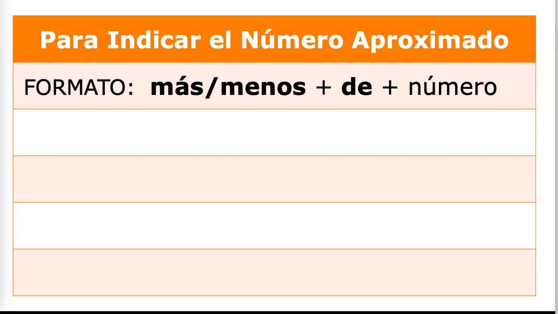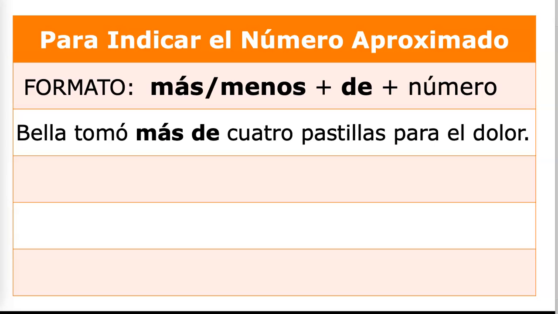Now, if we're estimating, we're going to use de instead of que, and we're going to use a number. This is really useful if you're talking about I wouldn't pay more than $100 for something, or I have less than 5 minutes to finish the project. Bella tomó más de 4 pastillas para el dolor.